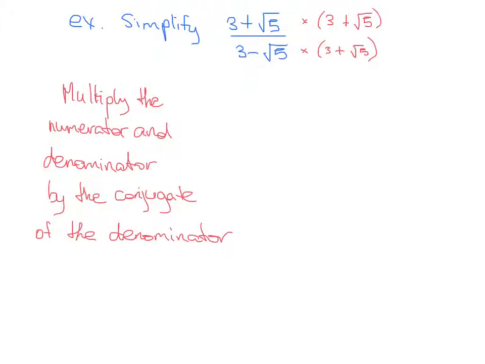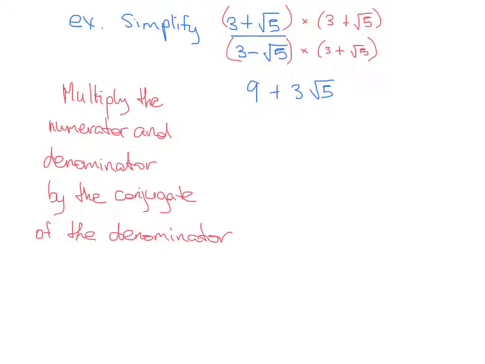All right, let's make this happen. Remember, we're going to do first, outer, inner, last. I'm going to do it a little quicker than I did it before. So let's just put this here so we can visualize. At the top we have first times first, 3 times 3 gives us 9. Outer, 3 times root 5 gives us plus 3 root 5.